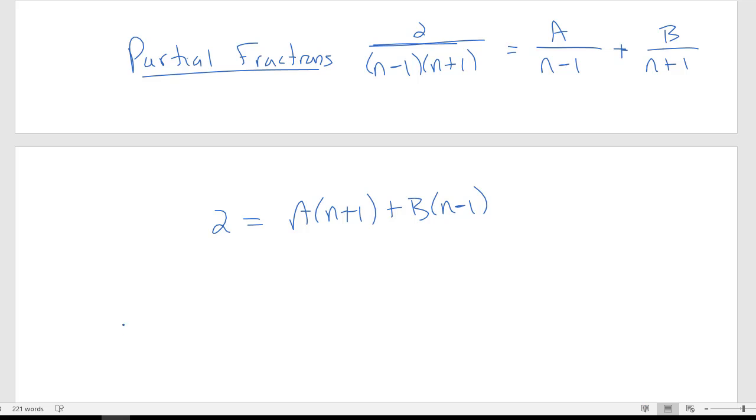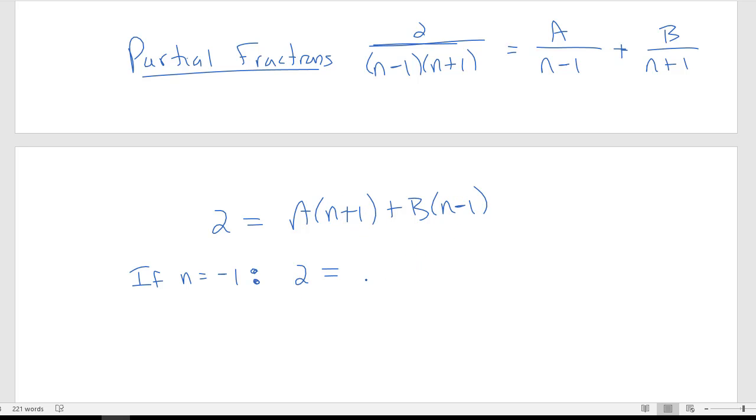And then one of the shortcuts we learned was plugging in specific values for the variable to zero terms out. So in other words, if I plug negative 1 into n, I get a times 0. So if I plug negative 1 into the left-hand side, there is no n over here. So plugging in n equals negative 1, this stays 2. Plugging in n equals negative 1, this becomes 0.